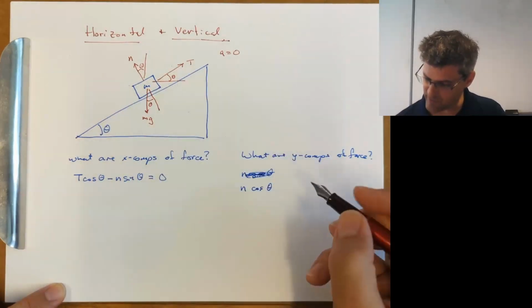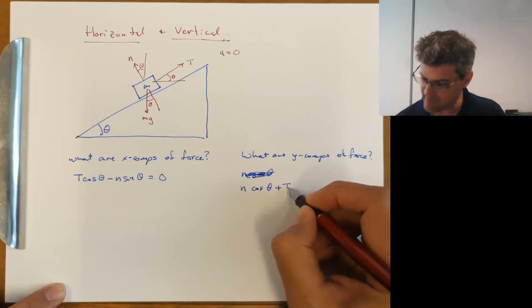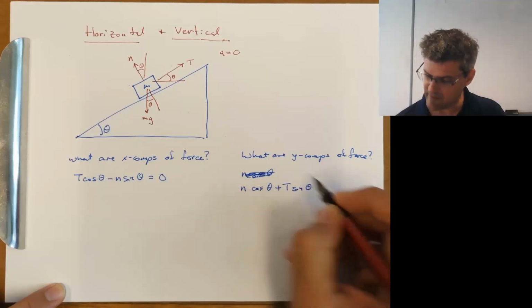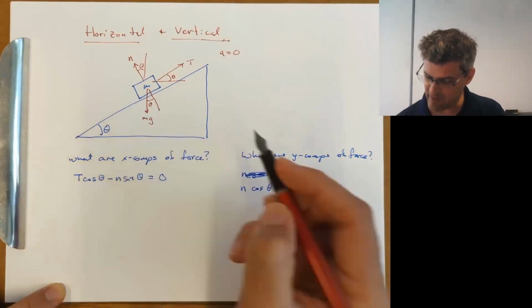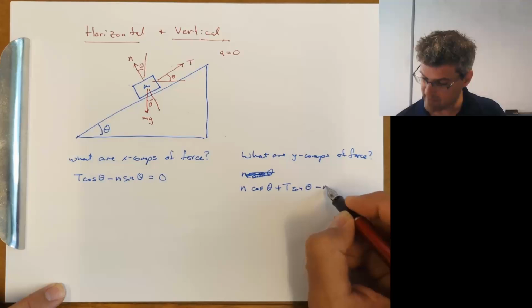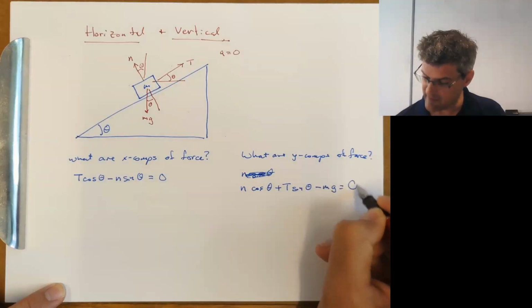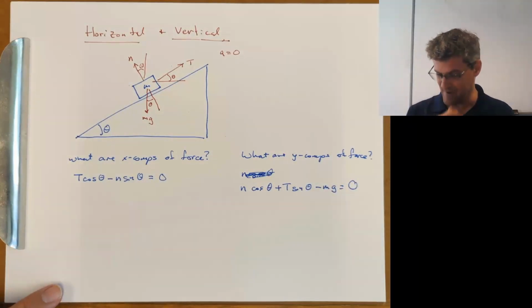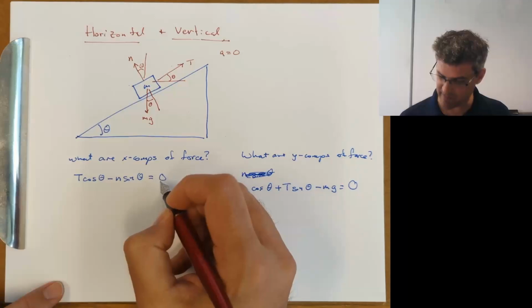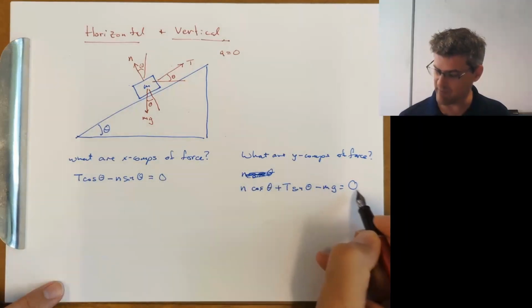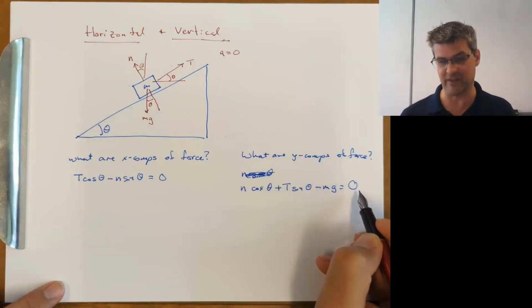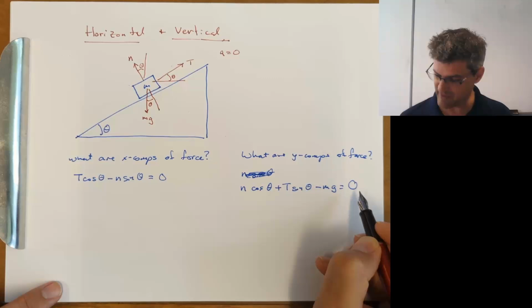The tension force, T sine theta up, and I see a weight that's down. There is no acceleration. Normally this would have been m times a, but there is no acceleration. He's going up at a constant velocity.